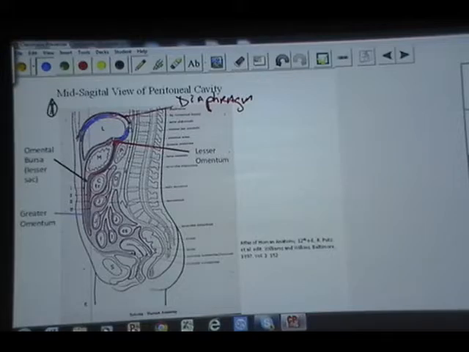But if you notice here, there's no peritoneum, okay, covering that portion of the liver. So the liver is bare of peritoneum at that point.